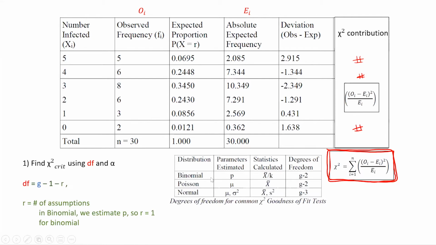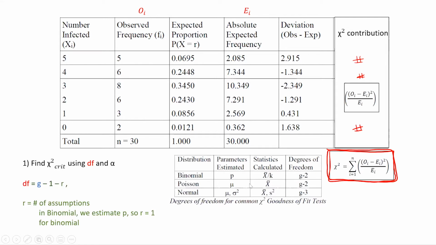So in binomial, we calculate X bar and K, and we actually have those. We have our sample weighted average and our trial size. We use X bar and K to estimate P. So we have one estimated parameter, R equals 1.